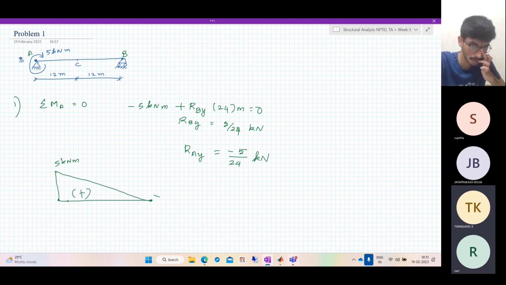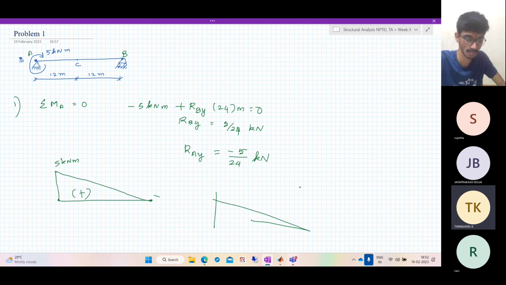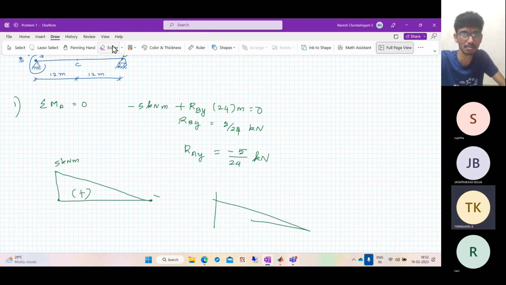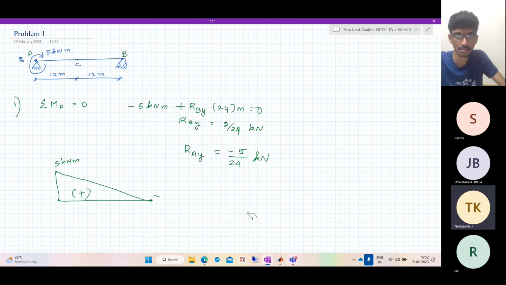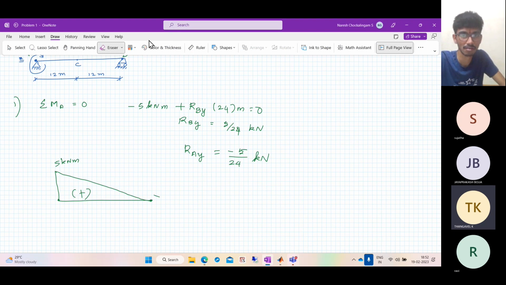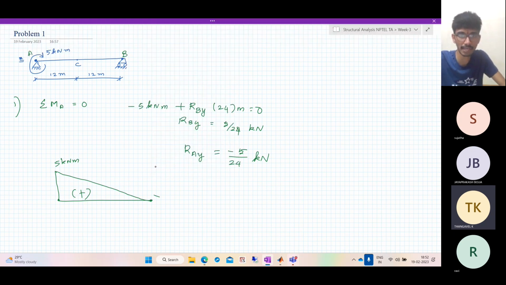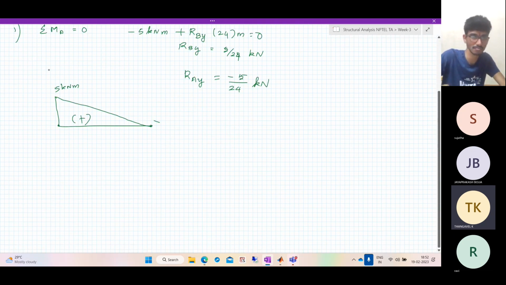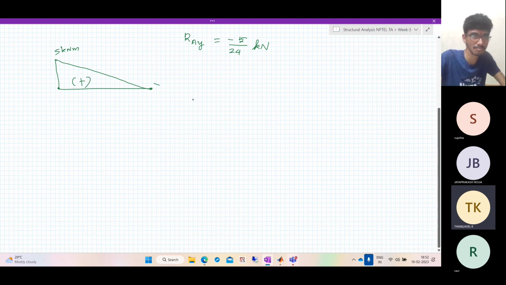Now given this, what is the M by EI diagram? It is nothing, it's the same. The M by EI diagram is the same.